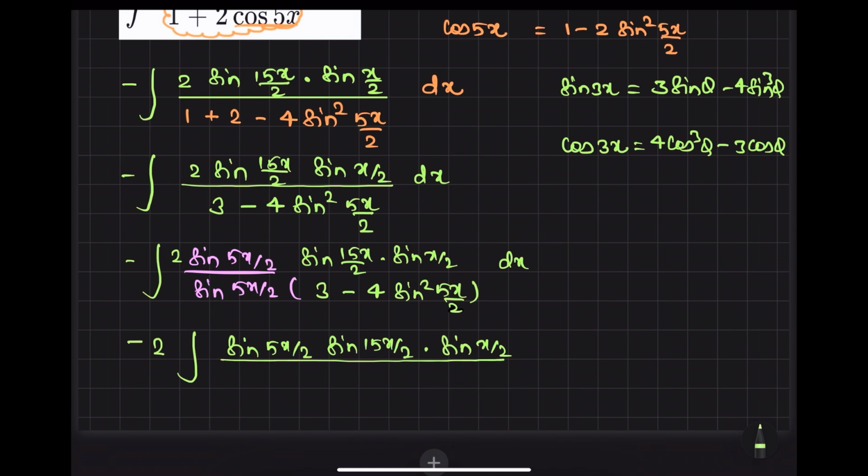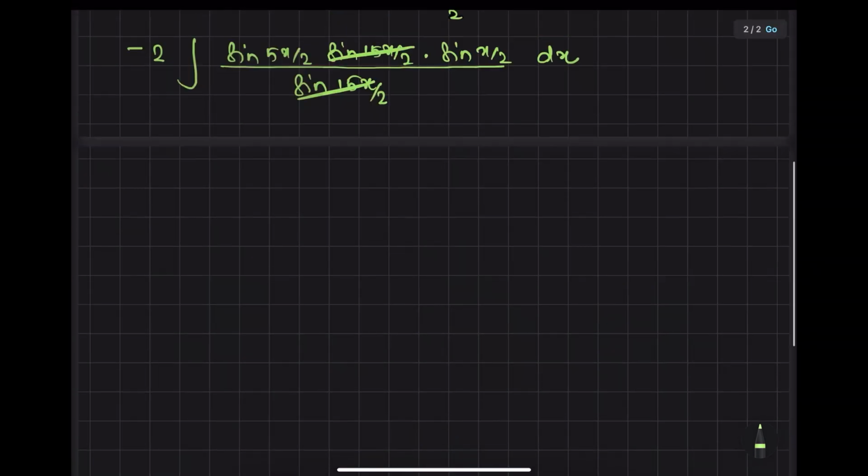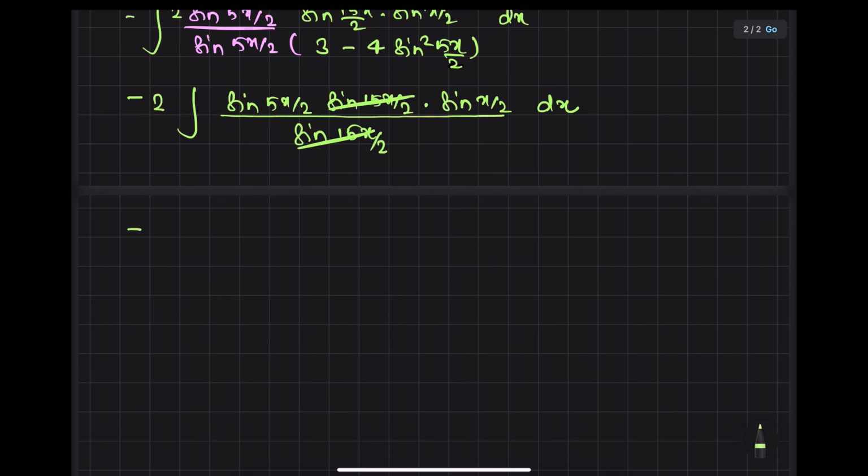So can I apply this formula over here, so that we will have sine 3 times 5x by 2, so it is 15x by 2 dx. Correct? So this thing got neutralized. Now we are left with two components, that is minus of sine 5x by 2 into sine x by 2.